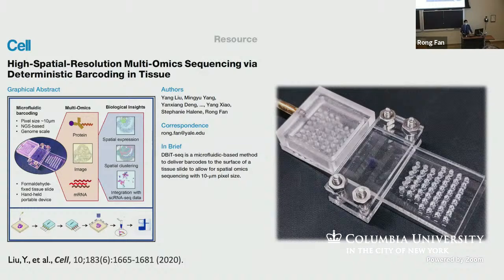This paper was published last year. If you want to know the details, you can find the Cell paper from November last year. What I want to show you is this device. It turns out to be the simplest microfluidic device I ever worked with. All the inlets are pretty big.